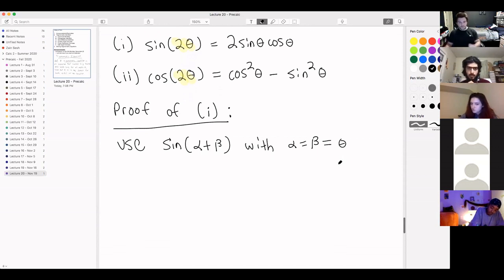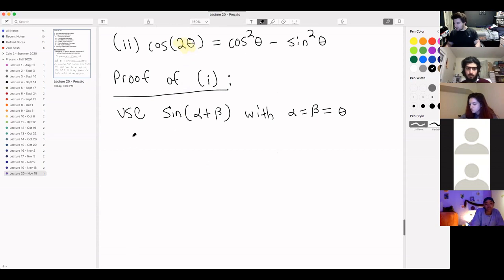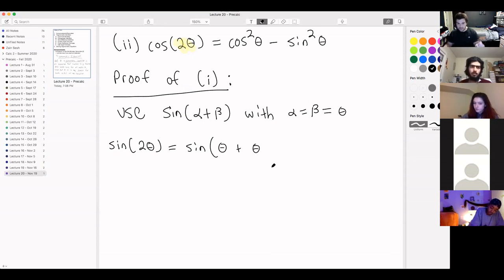That's what you do. So here we go. Sine of 2 theta is equal to sine. Do you guys agree I can rewrite the input of 2 theta as theta plus theta? Why not? I can rewrite 2 theta as theta plus theta, and now you use the sum formula.